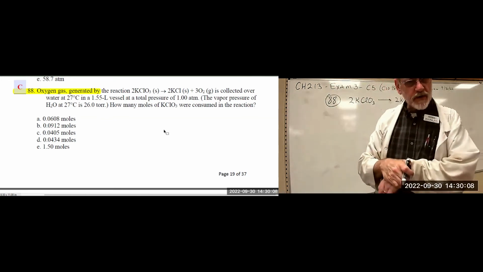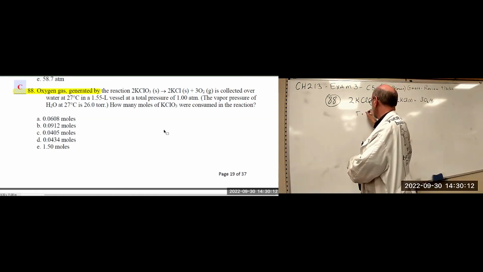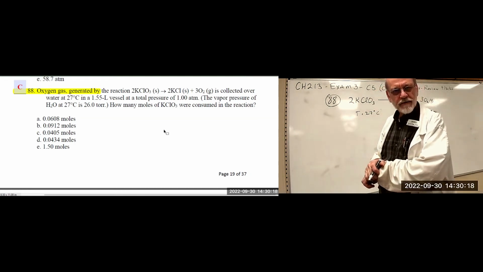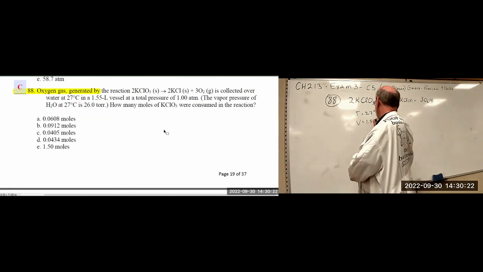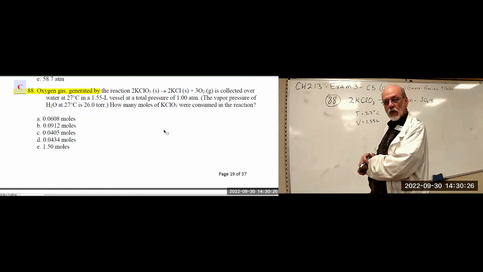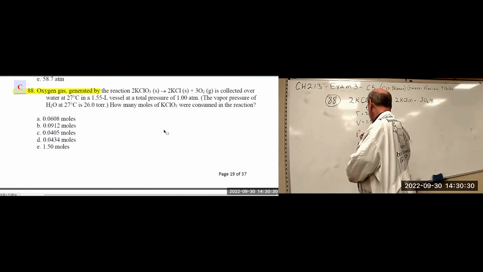Collected over water at 27 degrees. Temperature equals 27 degrees C in a 1.55 liter vessel. Volume is 1.55 liters. And the total pressure of 1 atmosphere. So the total pressure is 1 atmosphere.